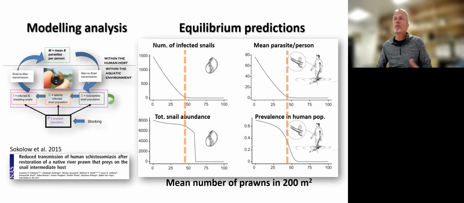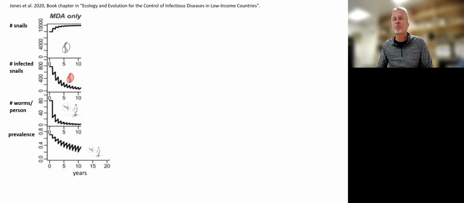In fact, the mean parasite burden would drop to a very low level, although the prevalence of human infection drops a little bit less, because there are still going to be fewer parasites in a fairly wide range of the population. But this shows that, at least from the modeling point of view, we can potentially reach the density of predators that allows for the elimination of the disease.